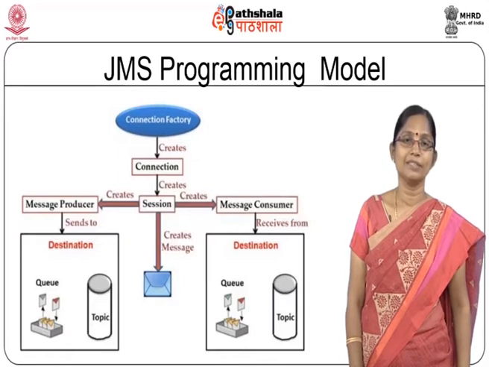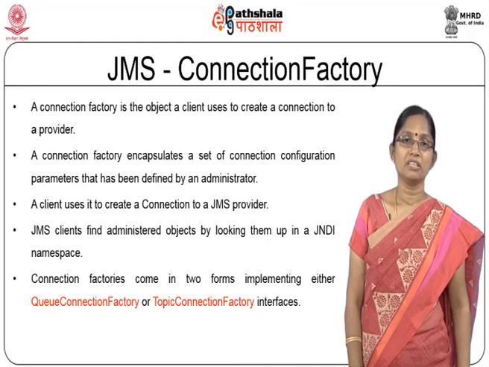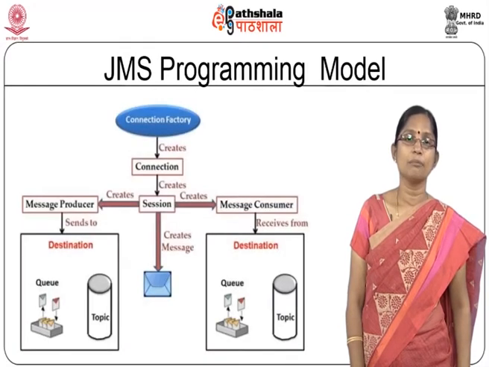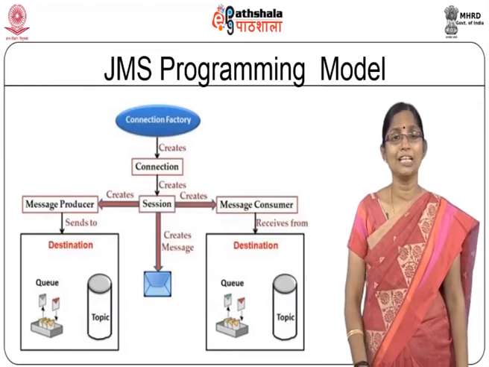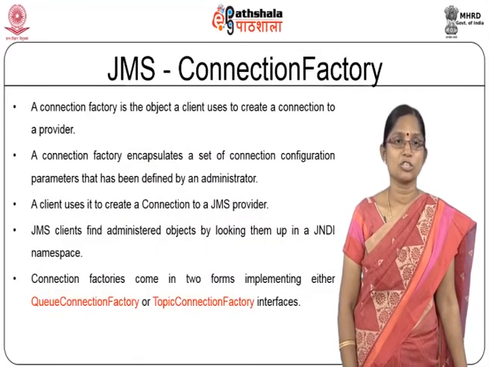Now let us start with the connection factory. A connection factory is an object that a client uses to create a connection to a provider. Here the client may be either a producer or a consumer. In order to get a connection with the provider, the connection factory creates a connection.